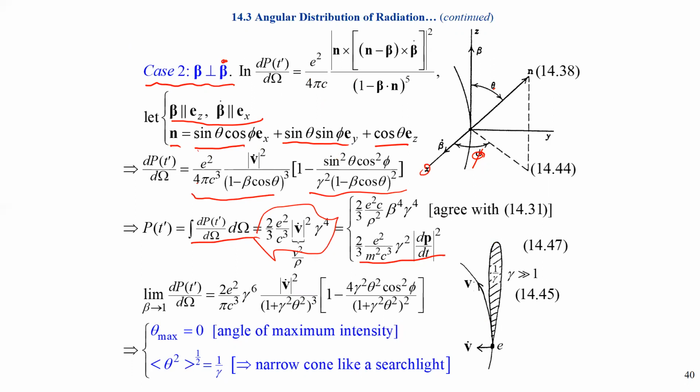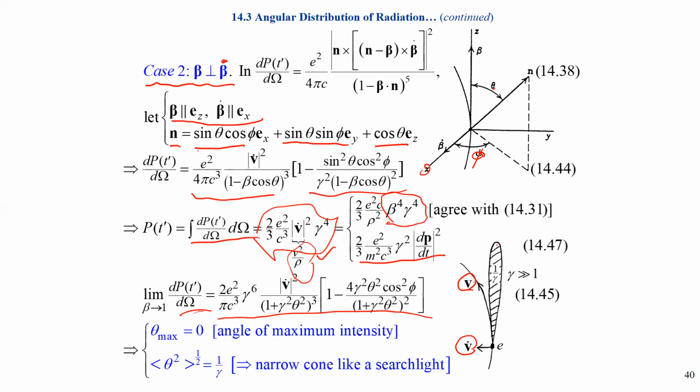We change form here. We change the v dot squared into v squared over rho. Okay, so for beta very close to 1, we have this expression. So theta maximum will be here. Perpendicular acceleration, move in the y direction and change in the x direction.